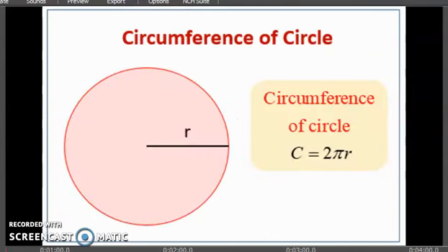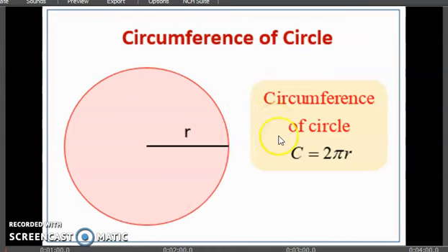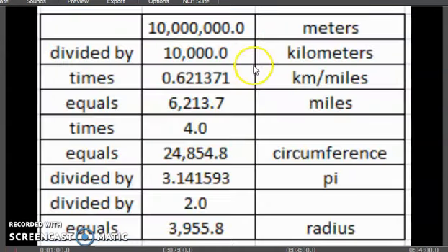In order for them to determine this number, they used circumference equals 2 pi r, so that's 1/4 of the circumference. They started with the 10 million meters, which is 10,000 kilometers, converted to miles is 6,213.7 miles.